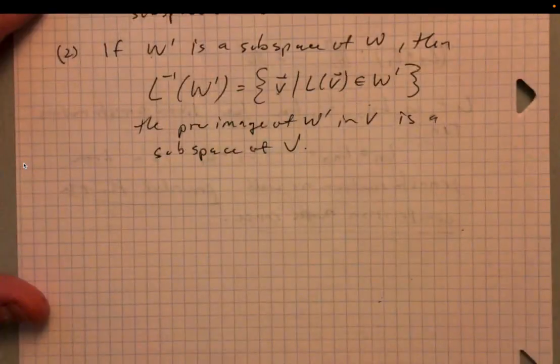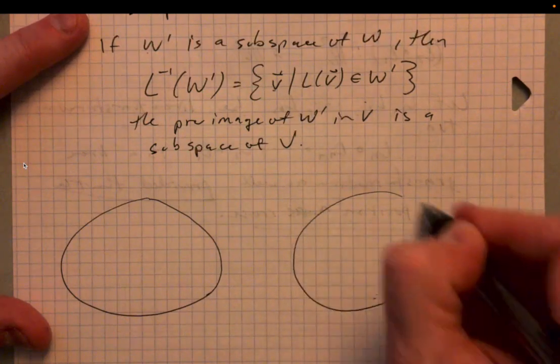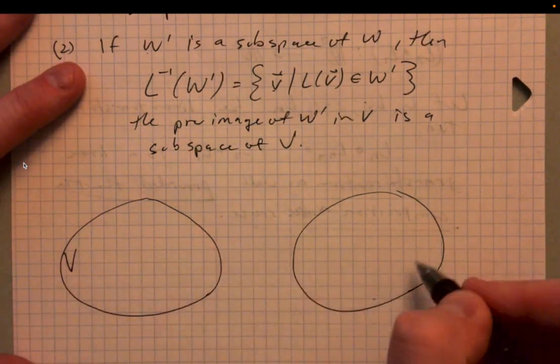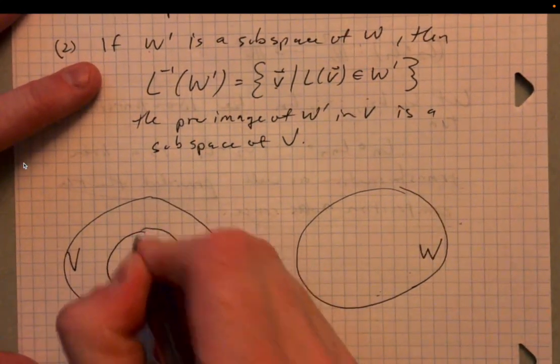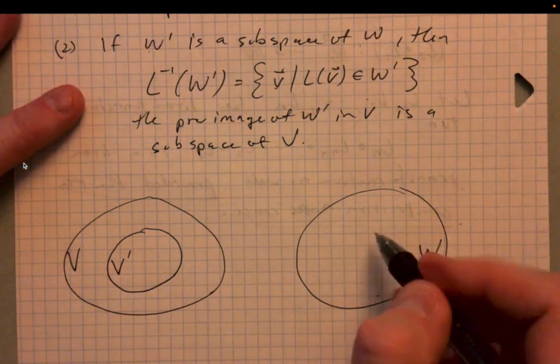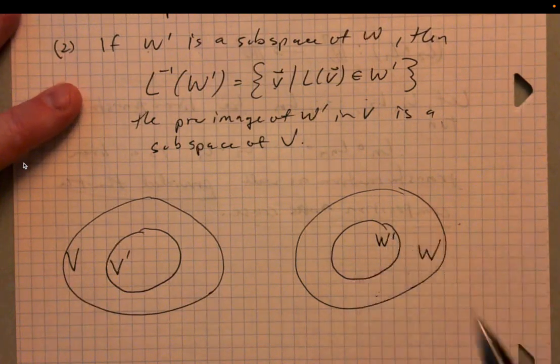Okay, so it kind of looks like this. Here's the way to think about it. I've got my two vector spaces. Over here I've got V, and here I've got W. Now inside of V, I have some subspace V prime. And inside of W, I've got some other subspace called W prime.